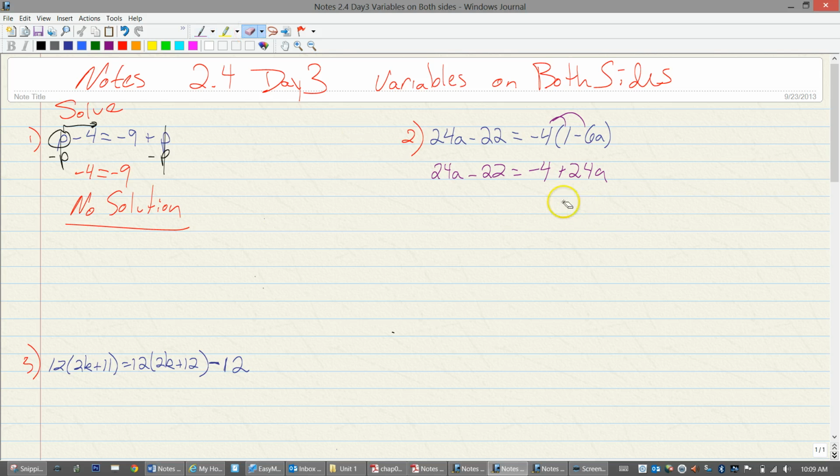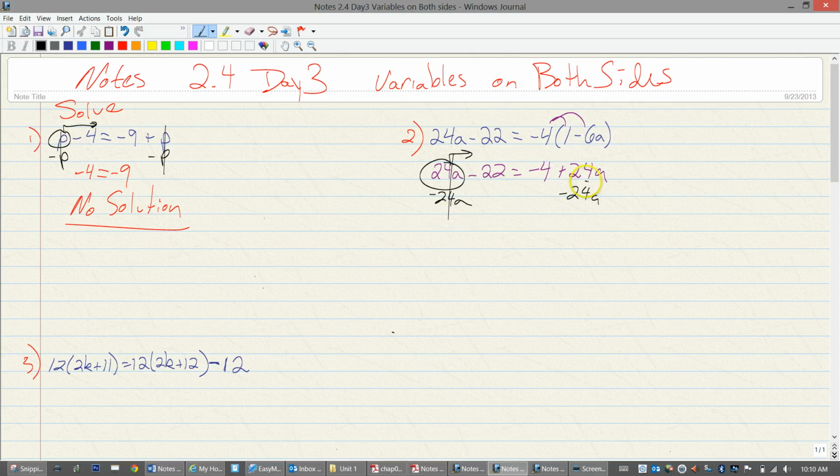Okay, and now, if we're worried about doing what's next, can we combine like terms on the same side? No, we can't. We can't combine like terms on the same side. So what we wind up going to do next is we wind up moving the variables now. If we move the variables to the right, we would subtract 24a, subtract 24a.